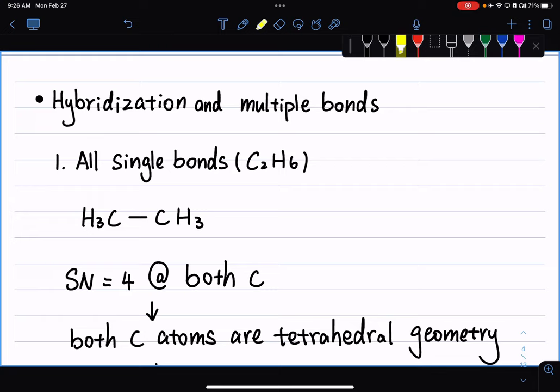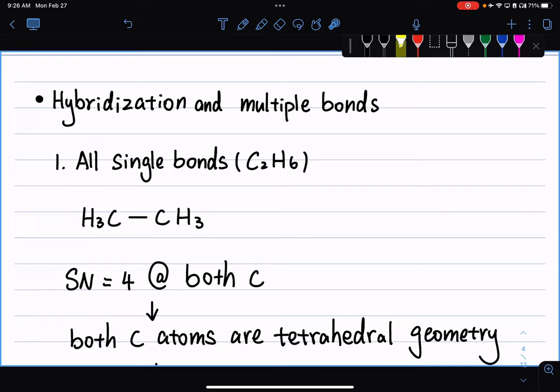Okay. So hybridization and multiple bonds. We discussed hybridization and valence bond theory at the end of our last lecture. Remember what we're doing here is, depending on the steric number, you can have a mix of your s and p orbitals, and now you have singly occupied, hybridized atomic orbitals, ready to undergo chemical bonds with another atom.